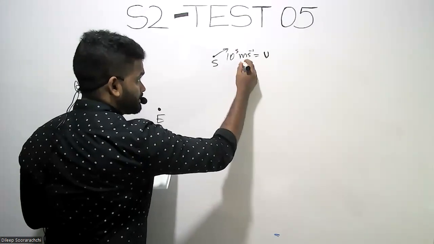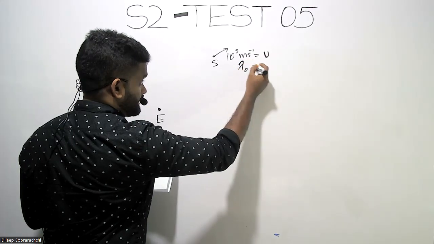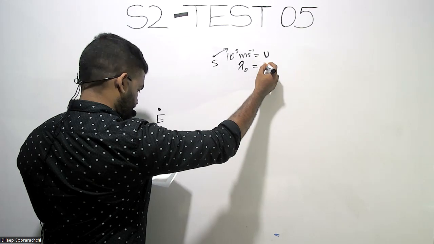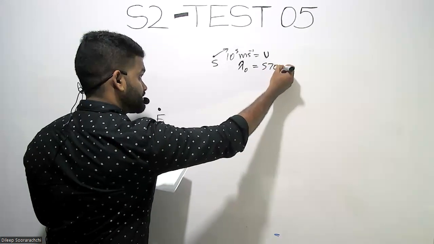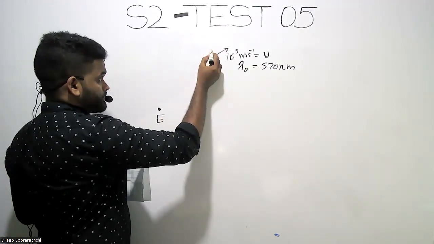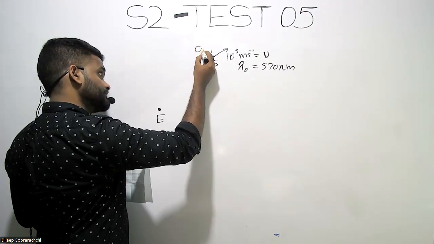And the actual wavelength of light emitted by the star is 570 nanometers. Let's say that is lambda naught. Then the speed of light, I'll take it as simply c.